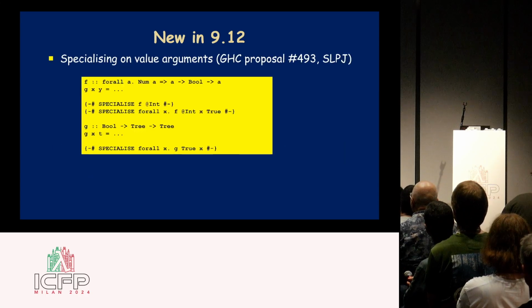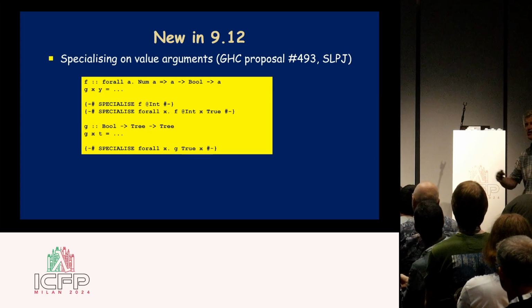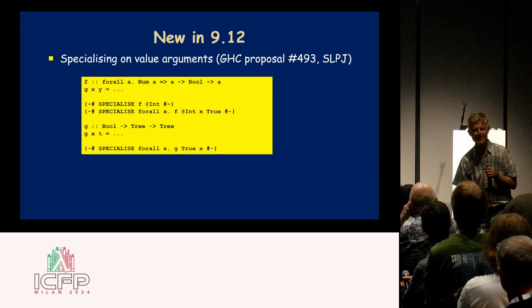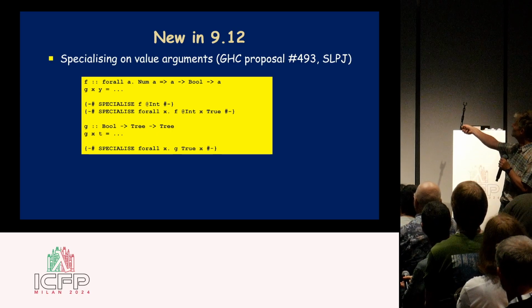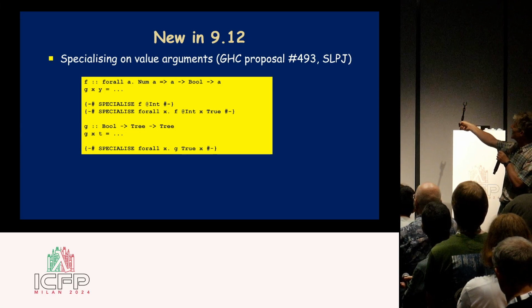Okay, where are we? Oh, a pet favorite of mine. So mostly I've been running around doing code review for all of these things. But this is something I've actually done myself, which finally, this is a proposal that Richard and I wrote, that says, at the moment today, for a type class overloaded function, you can say SPECIALIZE f :: Int -> Bool -> Int. I should have written this out.